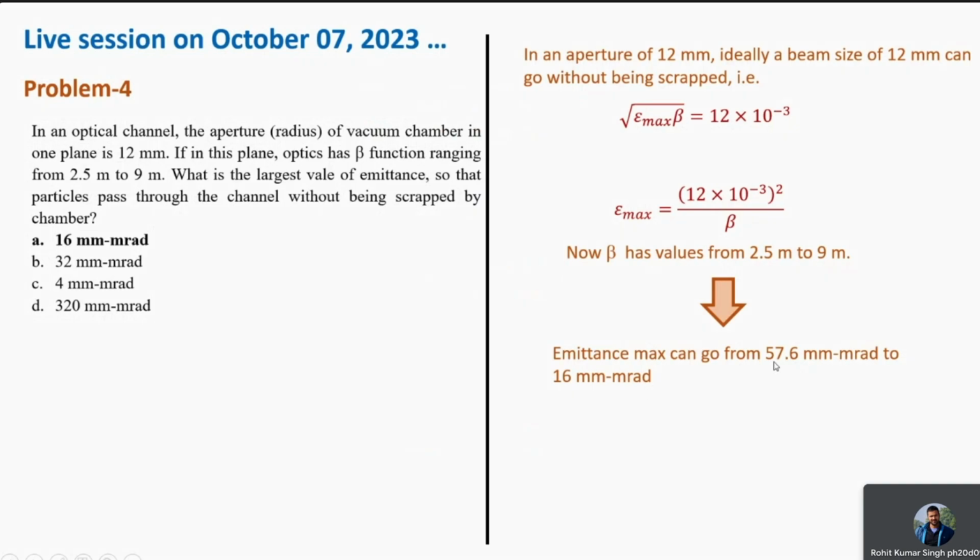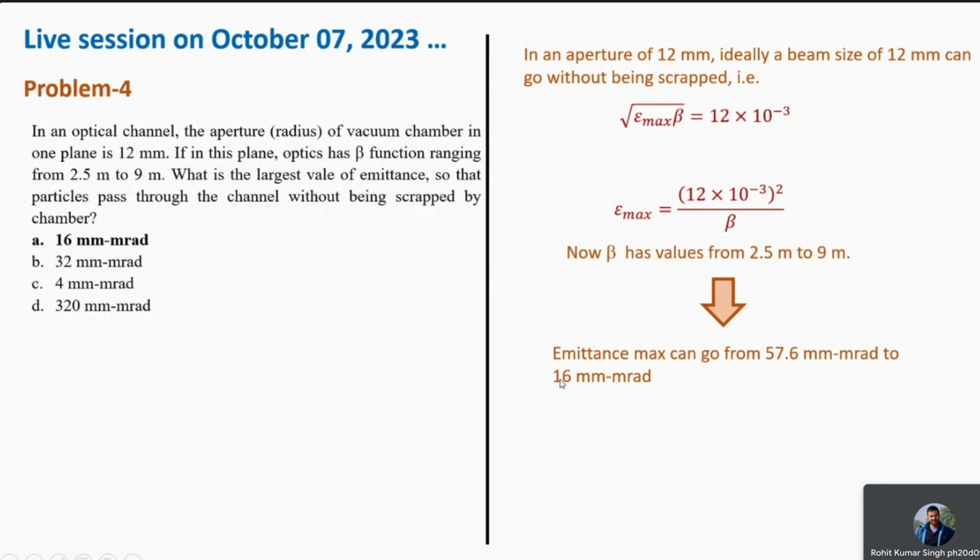Now at certain places where beta is low, 57.6 millimeter milliradian emittance can also pass. But where beta is high, only 16 millimeter milliradian can be passed. Meaning if we see in totality, 16 millimeter milliradian is the limit on the emittance.